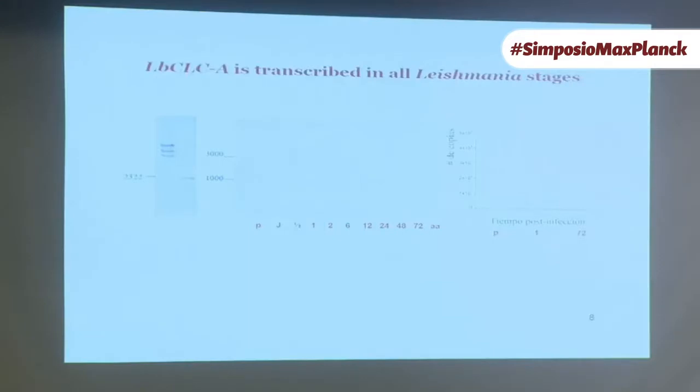This is another form, an amastigote that we can generate without the macrophage, but in our hands at least, they do not behave the same, so we call them amastigote-like. The parasite expresses the gene in all these stages, but we see a very interesting increase during the first hour post-infection, as if this putative exchanger was indeed important for adaptation into the macrophage later on and towards this acidic pH.